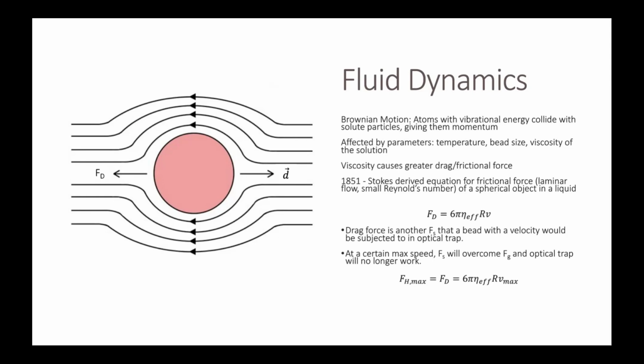And so in 1851, Stokes developed an equation for a sphere moving through a liquid that exhibits laminar flow. We can see this equation, it is the first equation on the slide, where η is the effective viscosity, R is the radius of the sphere that is moving, and V denotes the speed of the bead as well.